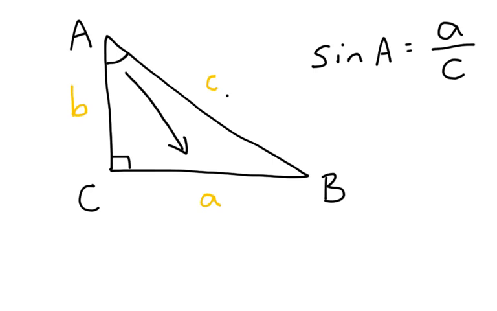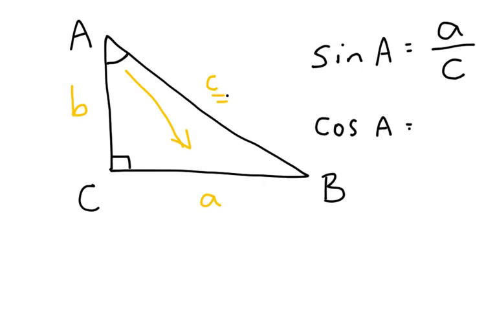It would be a numerical value. What if I wanted the cosine of angle A? Well, now I need the side that is adjacent to it. That's sometimes confusing for students. I can see in my picture that this side is opposite angle A, and this one's the hypotenuse, so the adjacent must be the other one.